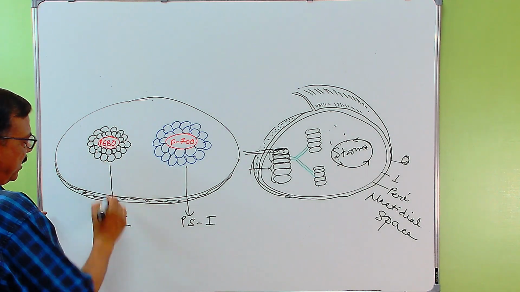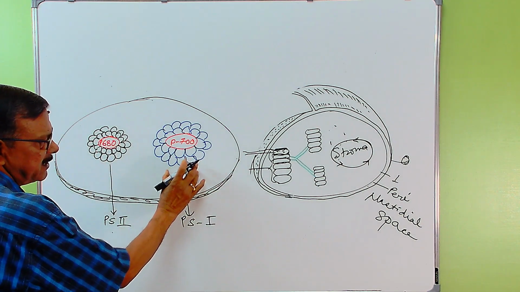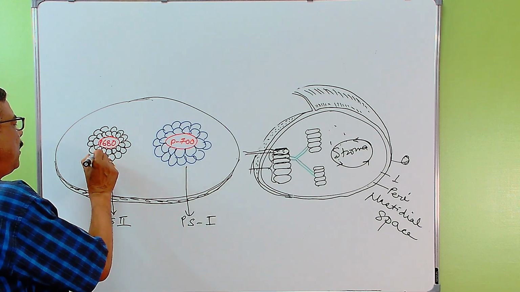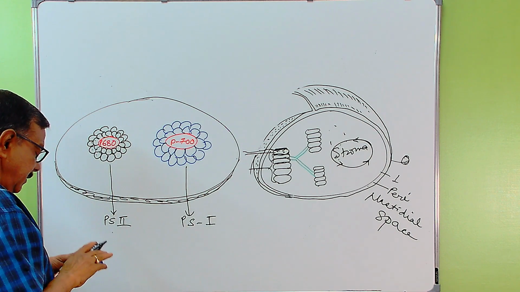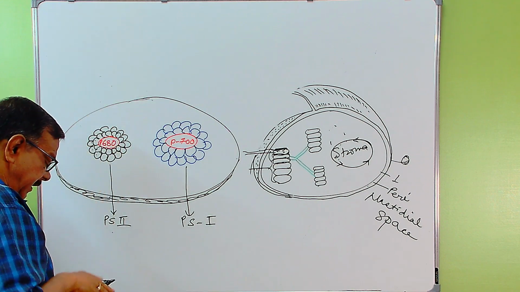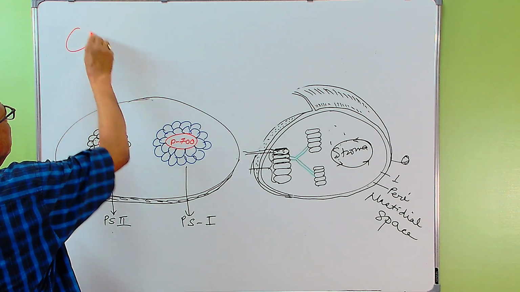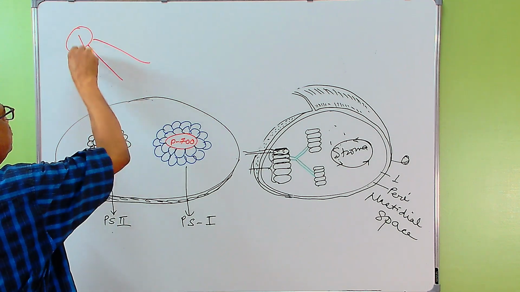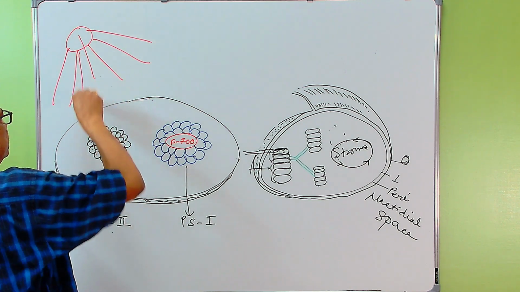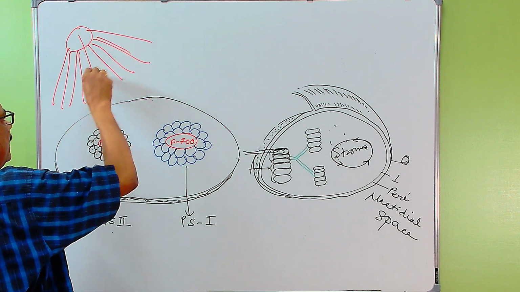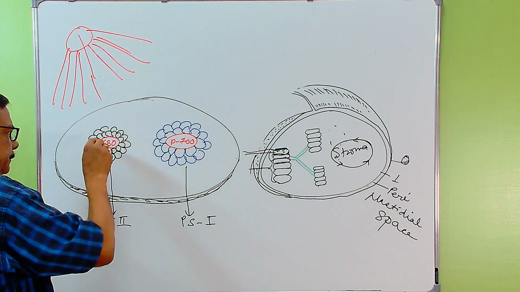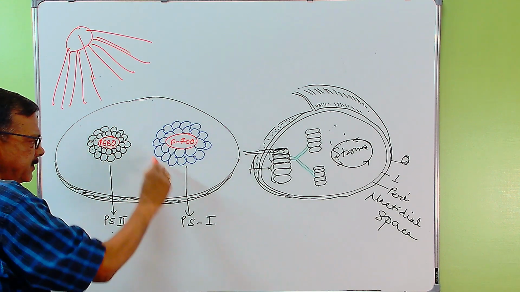Now this contains somewhat 300 molecules, and that contains some 100 molecules. So, all the molecules, this is the sun, and the sun ray falls on this cluster of molecules.